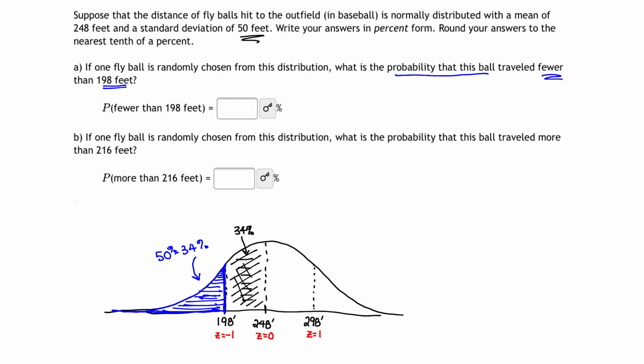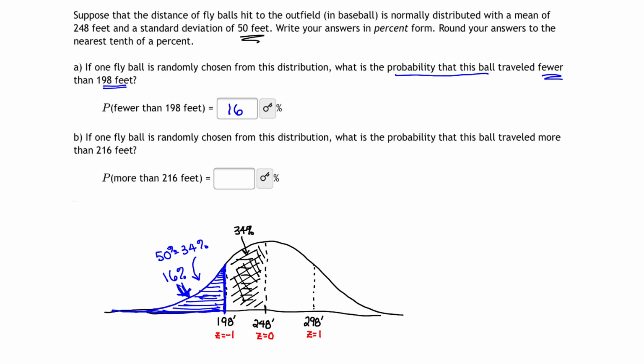So if 34% of that 50% lies in that black band, that means that the leftover part, or 50 minus 34%, or 16%, lies right here in this blue area. So, what is the probability that a random fly ball travels fewer than 198 feet? Well, that probability is 16%.